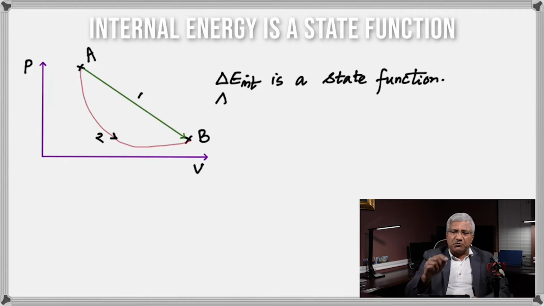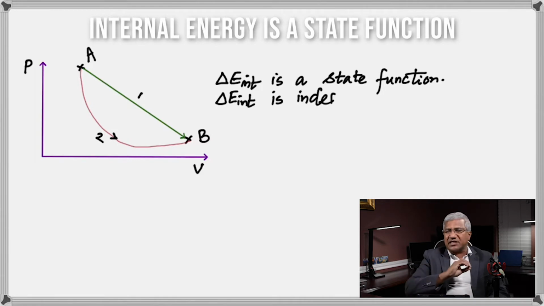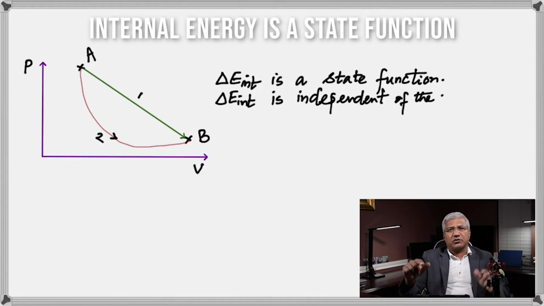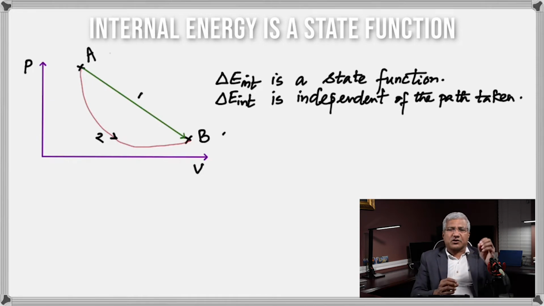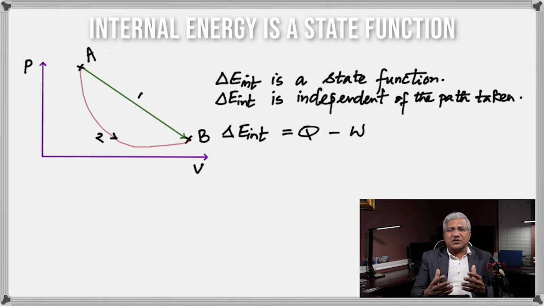That means it depends only on the initial state and the final state. It depends on A and B. It doesn't matter what path the system takes. It can go from A to B along path 1, or along path 2, or any other path. The change in internal energy will be the same as long as the initial and final states are the same. That's why change in internal energy is called a state function, or independent of the path taken.